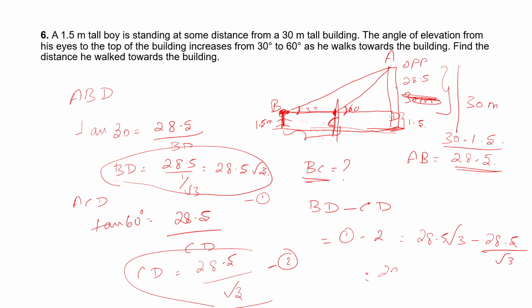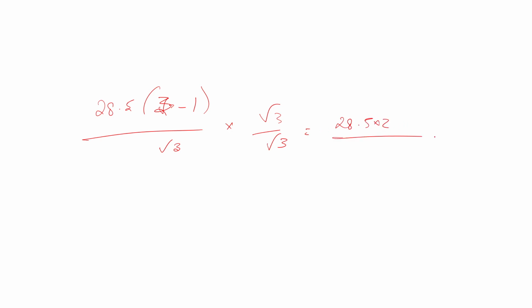If we take the LCM, we get 28.5 into root 3 into root 3, that is 3 minus 1, divided by root 3. I will multiply and divide by root 3, so I will get 28.5 into 2 divided by 3 into root 3. You can do this calculation by yourself and check it out. So you will get 19 root 3 meters.